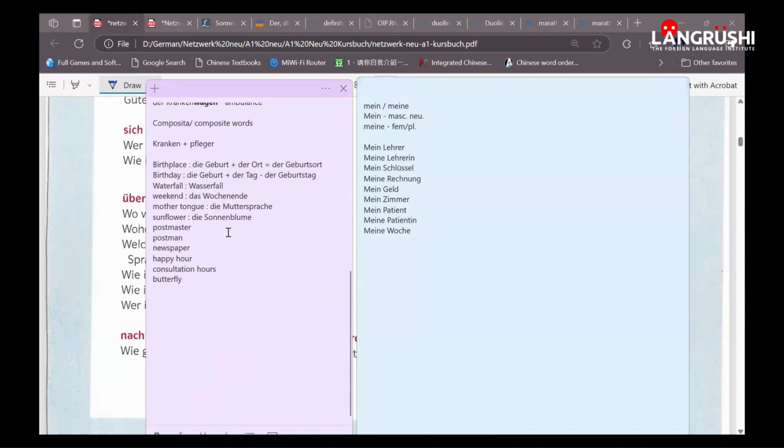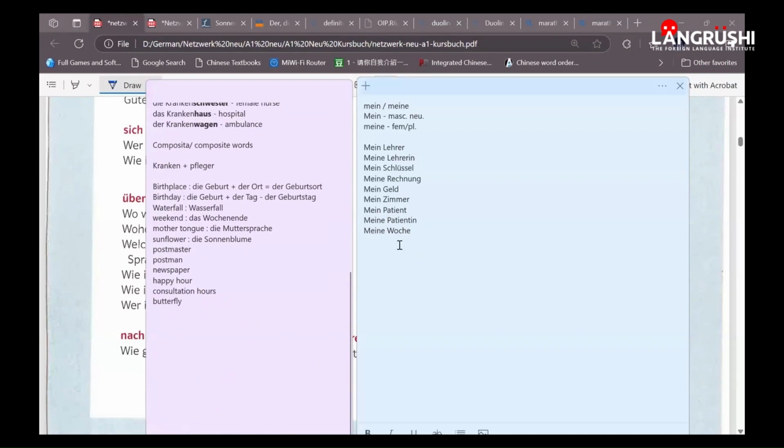Okay. What about this? Who can tell me, Anu? My birthplace. Mein Geburtsort. Then you can say mein Geburtsort is Pune. Mein Geburtsort is Mumbai, whatever it is. What about my father?